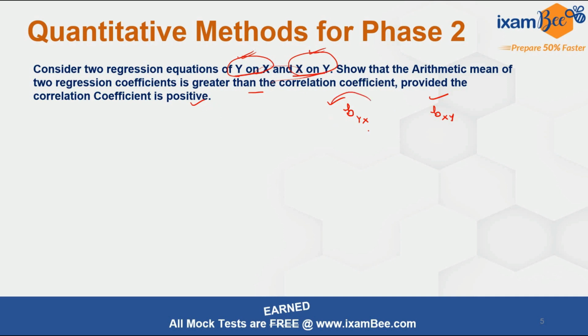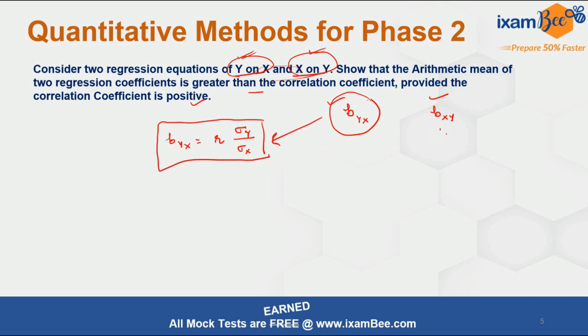So we know that byx can be written as what? byx is equal to the correlation coefficient times the standard deviation of y divided by the standard deviation of x, right? This is how you get the regression coefficient of y on x. Similarly, bxy can be written as what? bxy is r times sigma x upon sigma y.